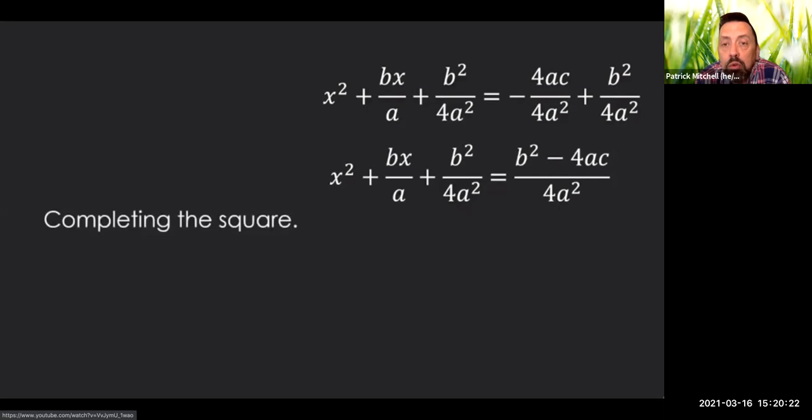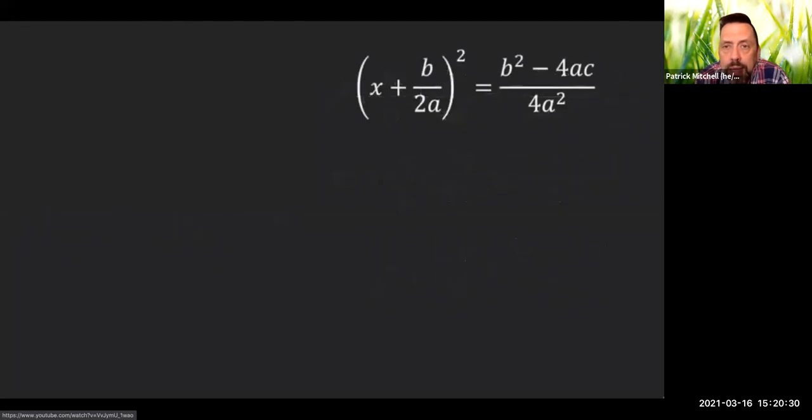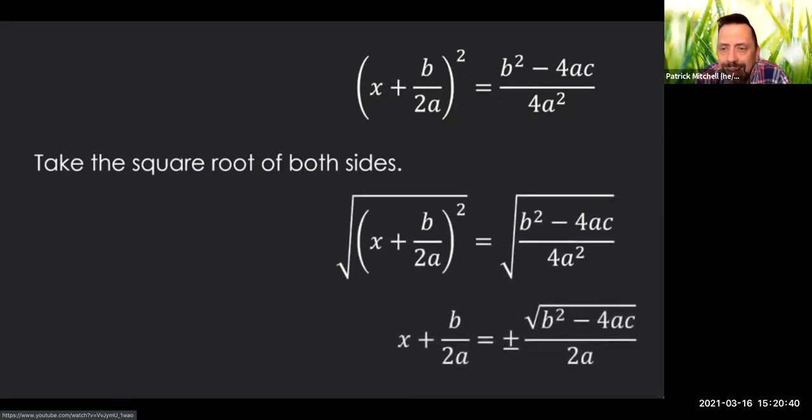Now we're going to write the left-hand side as the square of a binomial. Then we are going to apply the square root property. I'm not crazy about the way they wrote this step, but there's the plus or minus, so I like it better now.